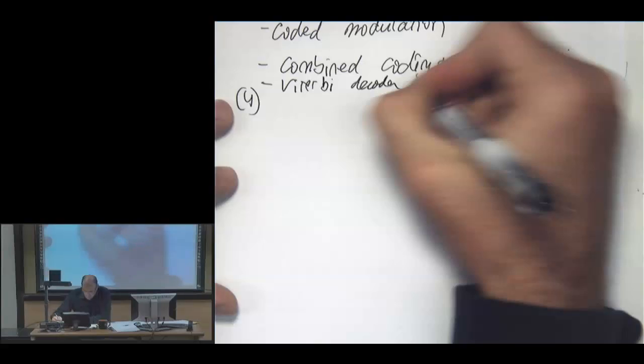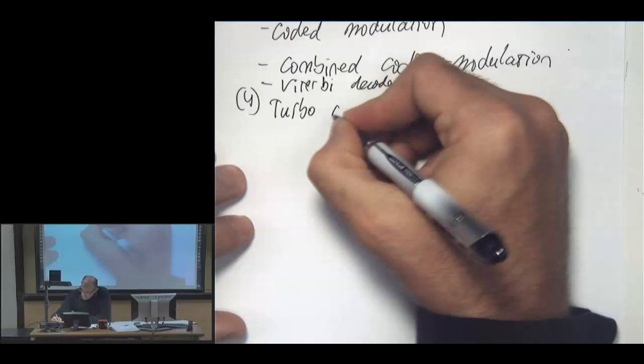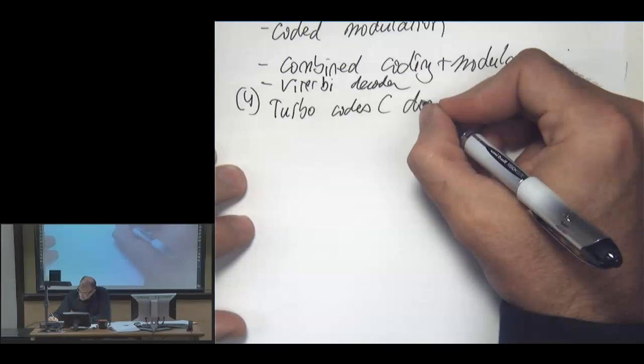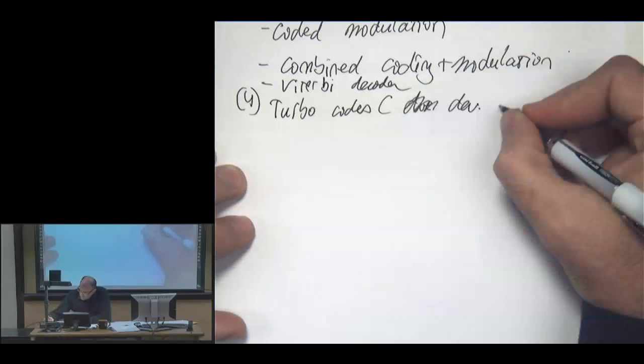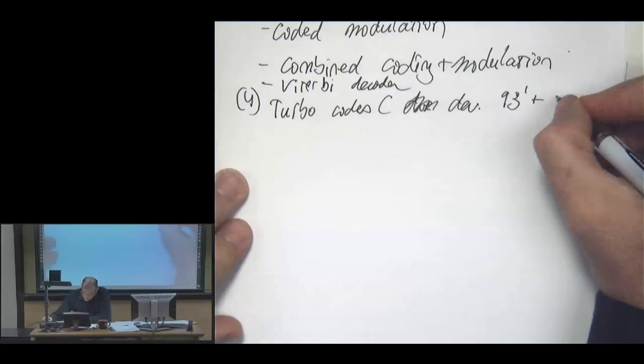All right, time. Okay, so turbo codes. Turbo codes were developed in the 90s, in particular '93.